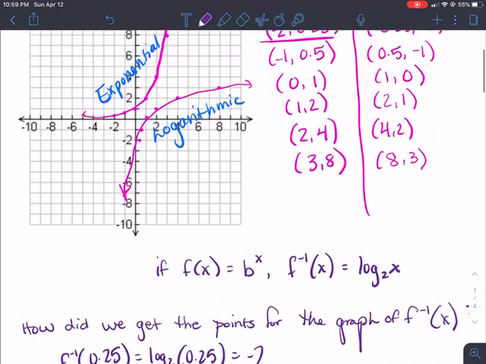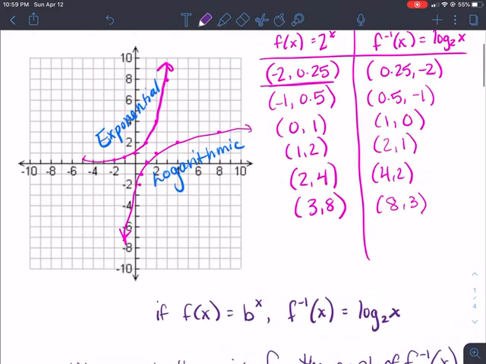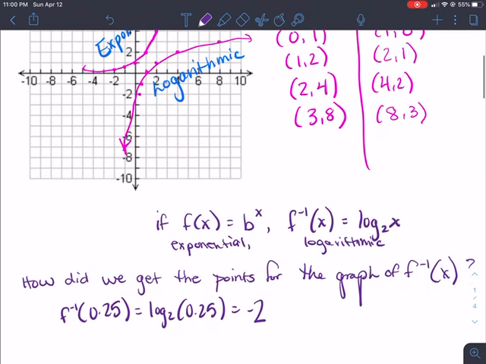So this is just stating that if f of x equals b to the x power, okay? So this is the exponential. Then the inverse is the logarithmic. Okay? So this is just another way of saying that the logarithmic function is the inverse of the exponential function.